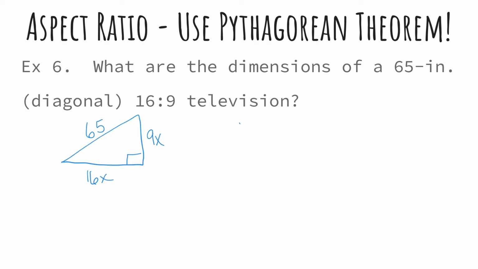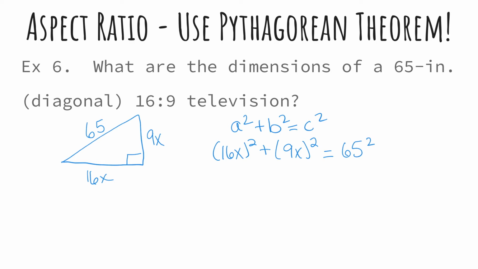So we're going to use a squared plus b squared equals c squared. It's going to be very similar to the previous one, but we just have different dimensions. So we're going to have 16x squared, 9x squared, and then we have 65 squared.